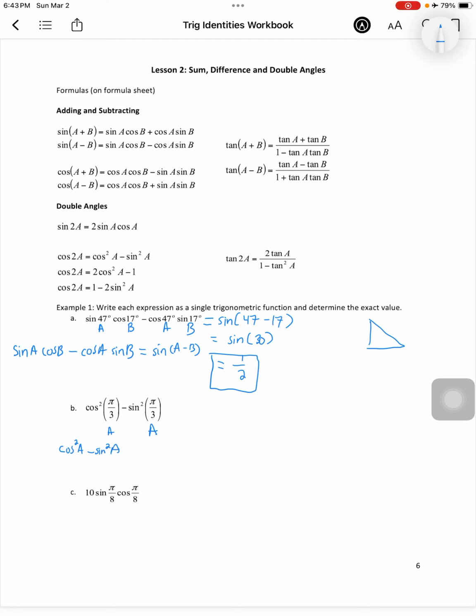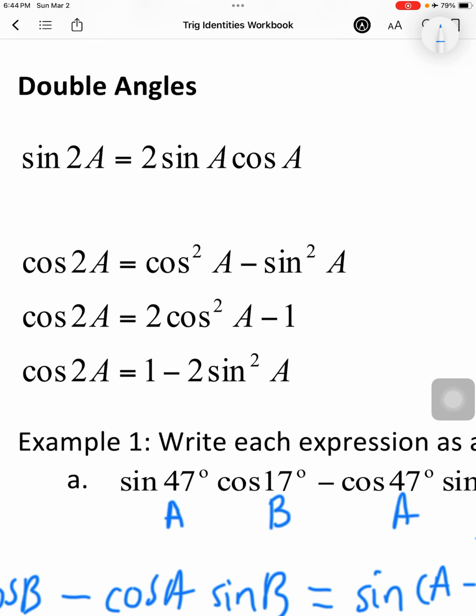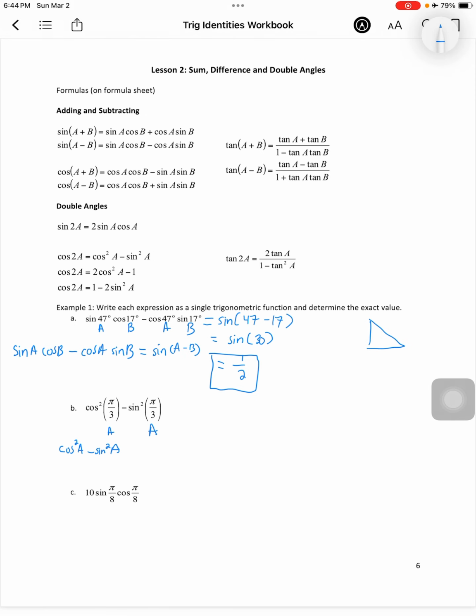And now, when we look at our equation, what does this equal to? And you should notice that this is equal to cos 2A. So if we were to rewrite this, it's going to be cos 2 times the A value.